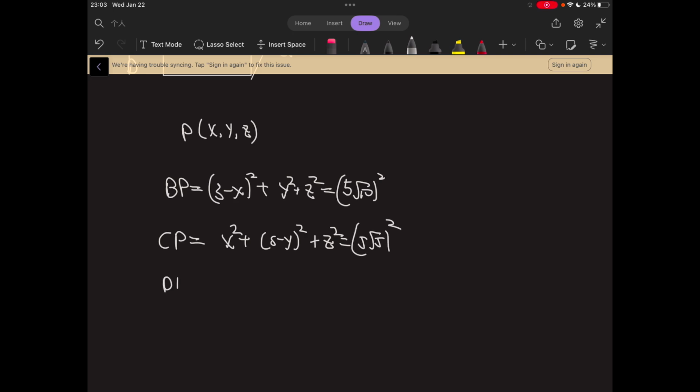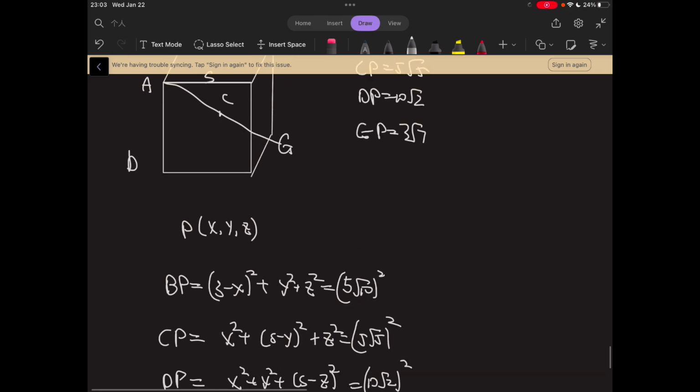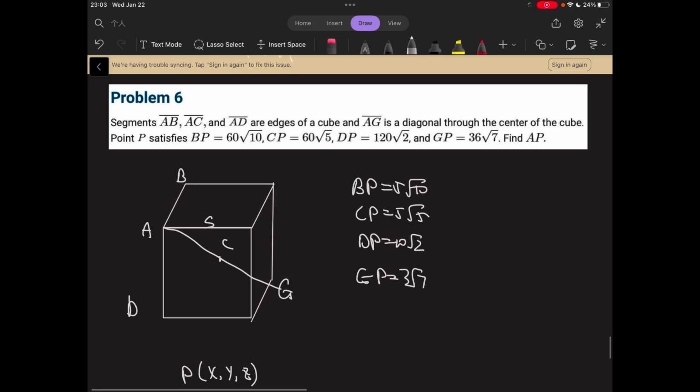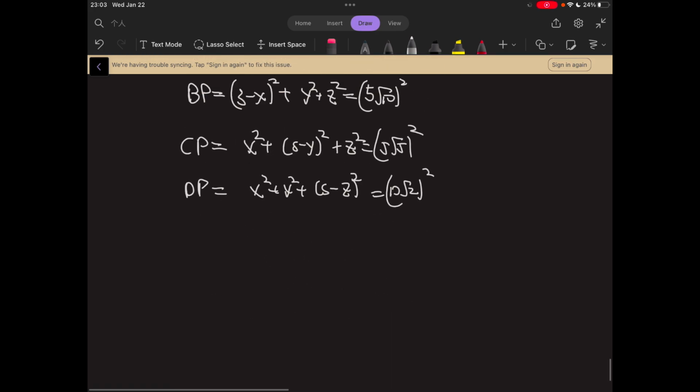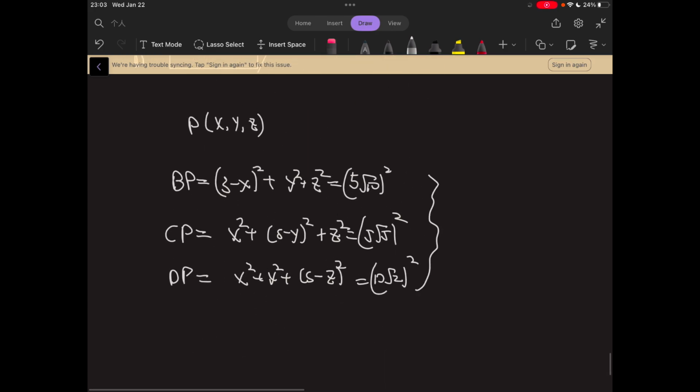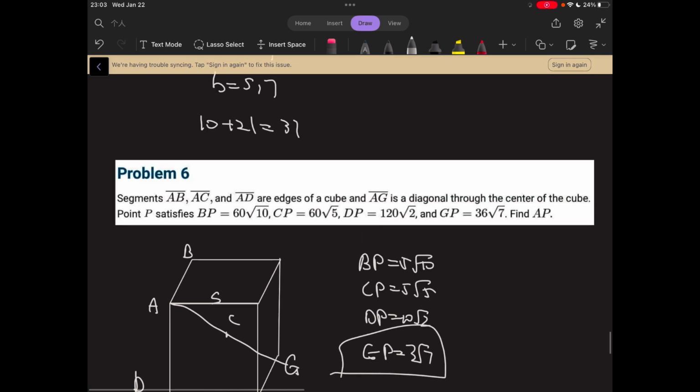Then DP. Okay, now what is GP? GP is a bit important. Here, at these three, we just switched one element out.